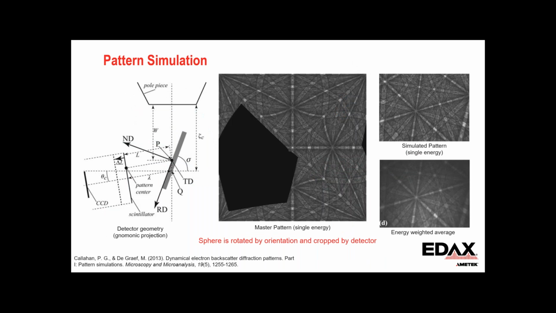And so here is sort of the view for a single energy bin, and then you would add these up for the energy bins. And you essentially are using the geometry of your detector and the rotation of the crystal to position your detector on the full sphere of diffracted intensity and then crop down the detector shape.